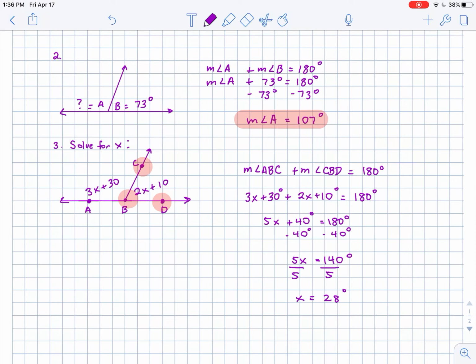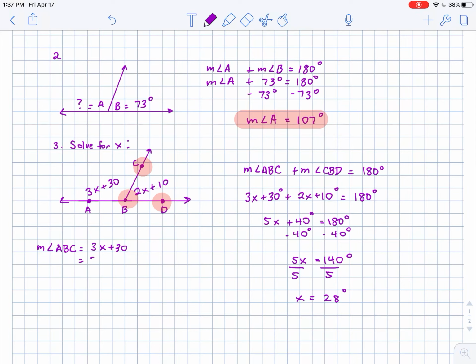Okay, now if I wanted to find out what the measure of each specific angle is, I would plug right in. Okay, so if I want to find the measure of angle ABC, well, I know I have the formula 3x plus 30.